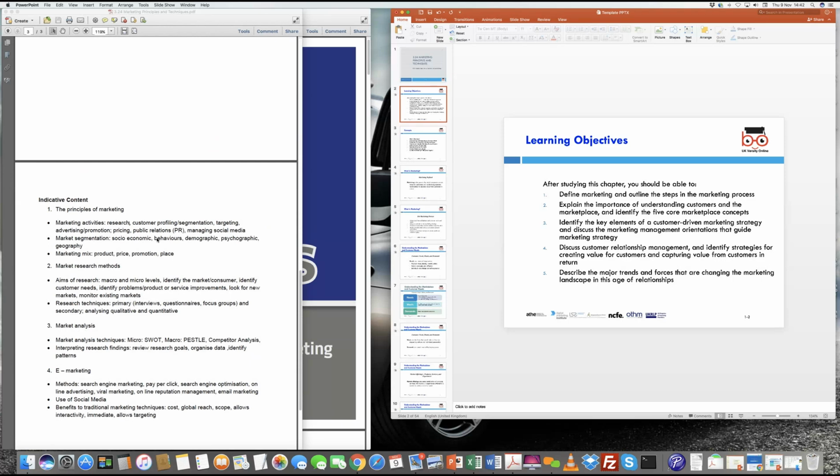So we will reflect on some of these key functions which come under the umbrella of the term marketing: things like segmentation, market planning, research, public relations, advertising, promotion, social media.